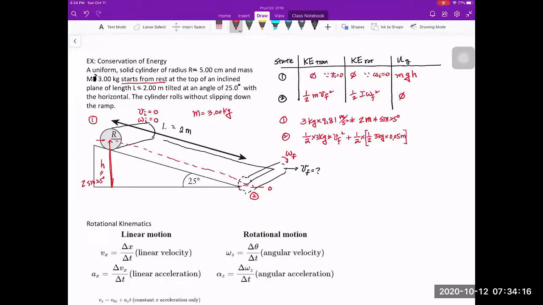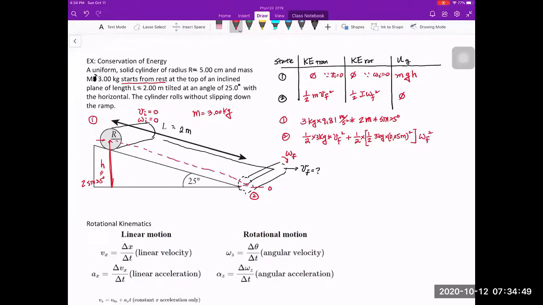So that should be squared. So this is the inertia. What else? 1/2 I omega squared, so I also need to put omega f squared.